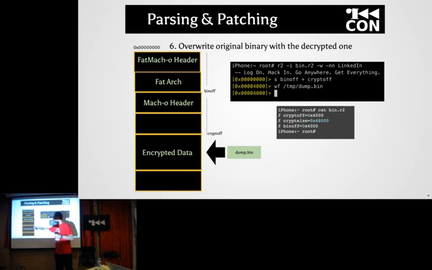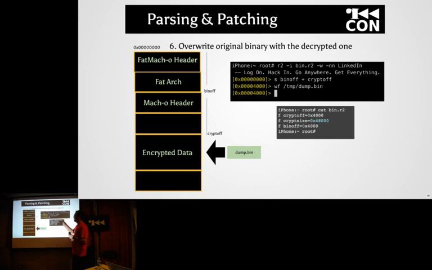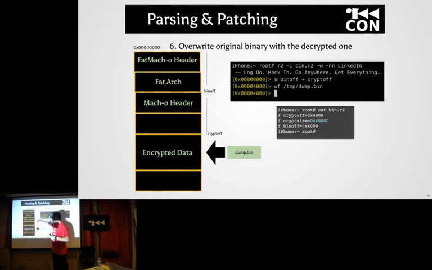Here, the difference is that we need to check if we are working with a fat mach-o or a mach-o. If we are working with a fat mach-o, we need to know where is the binary offset that we are going to patch. If it's the first one, the second one, whatever.